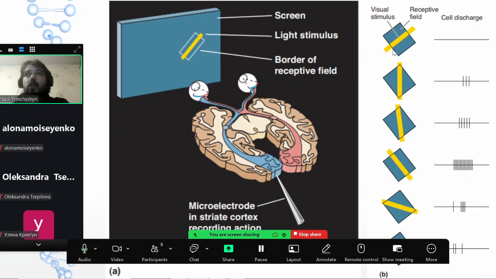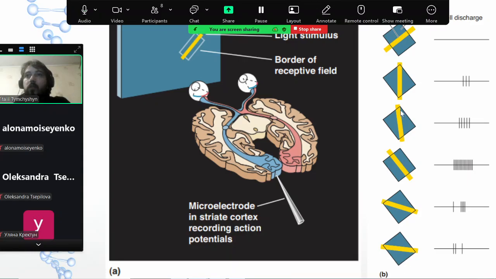Here you see this line is differently rotated in the field of view, and here you see the recordings. So the cell may completely ignore it, or it may fire a burst of action potentials when the angle is correct. Here you see all the different angles, and here you see how the cell reacts.